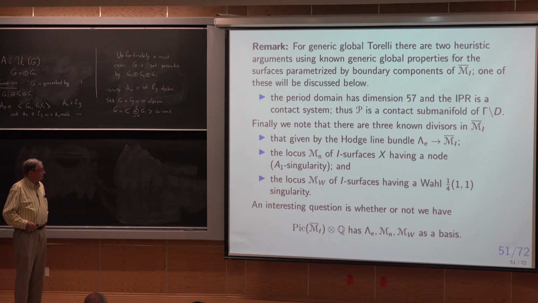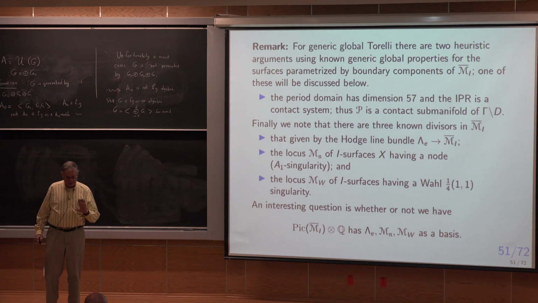The period domain has dimension 57, and the overheads that I went through earlier dealt with what's called the infinitesimal period relation. That's the differential constraint on what happens to the Hodge structure as the surface varies.